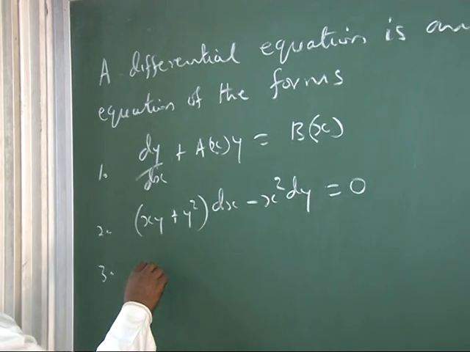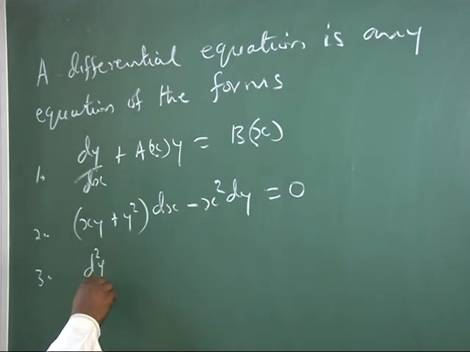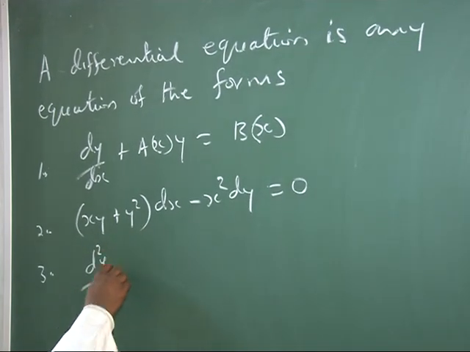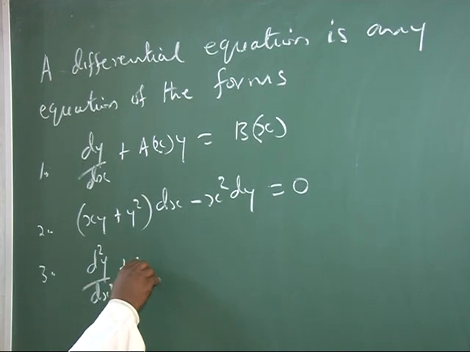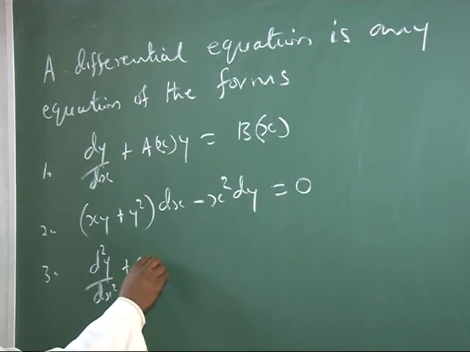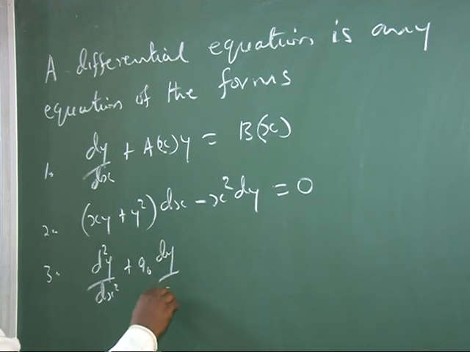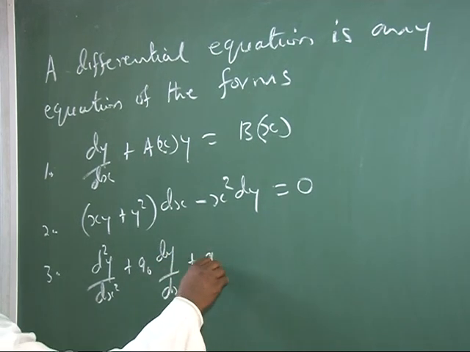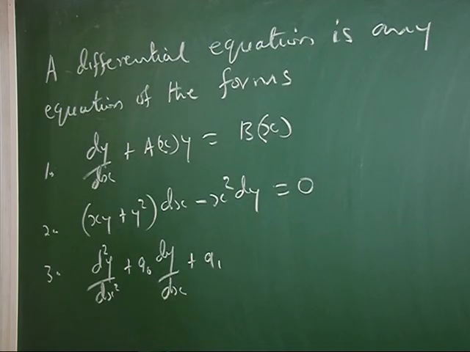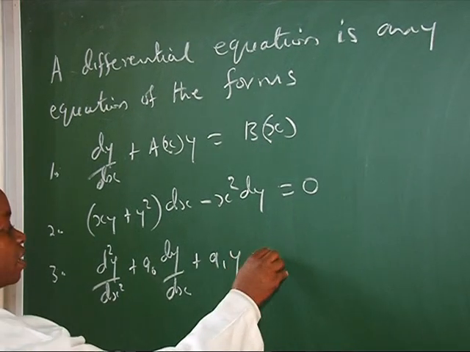Can be of this form: d squared y over dx squared plus a subscript 0 dy/dx plus a subscript 1 y is equal to 0.